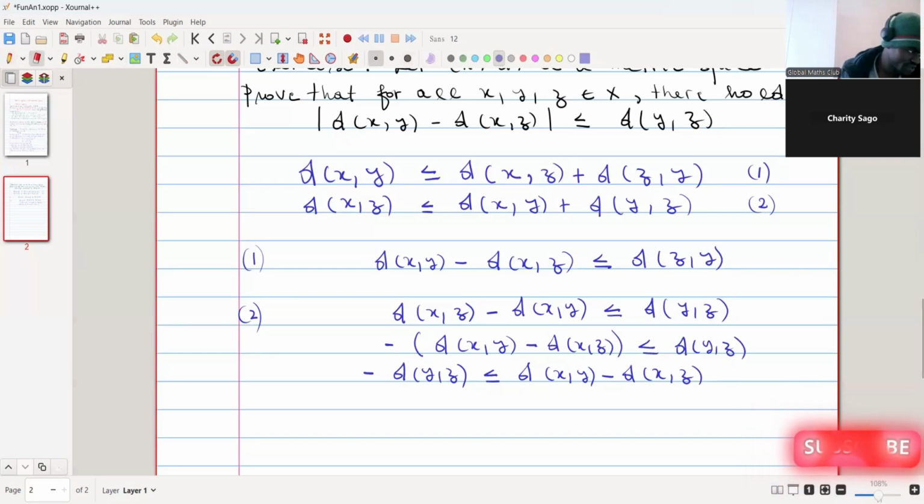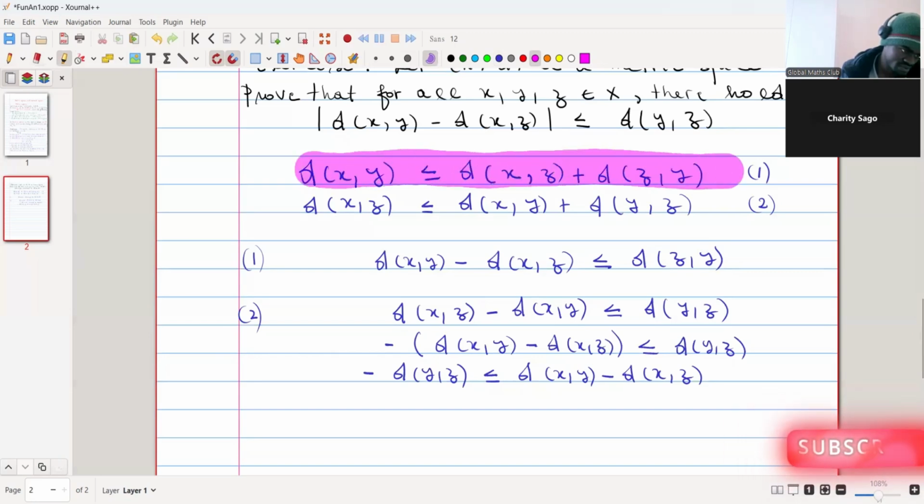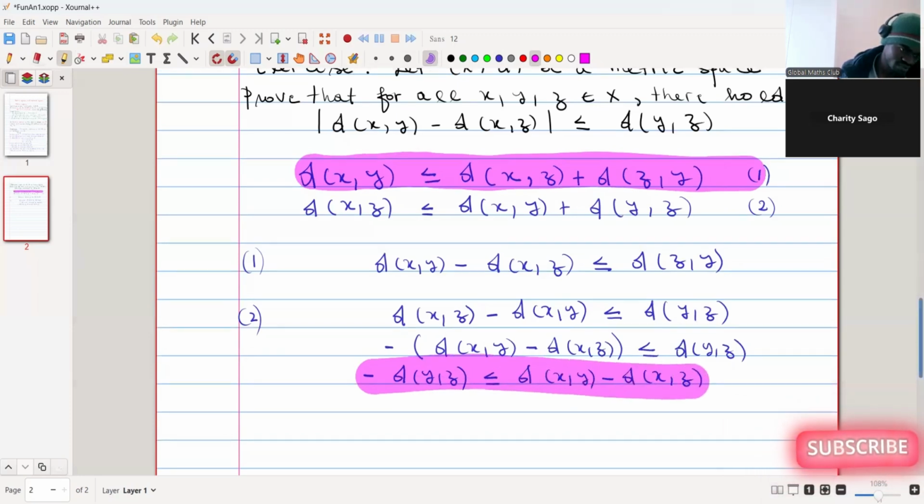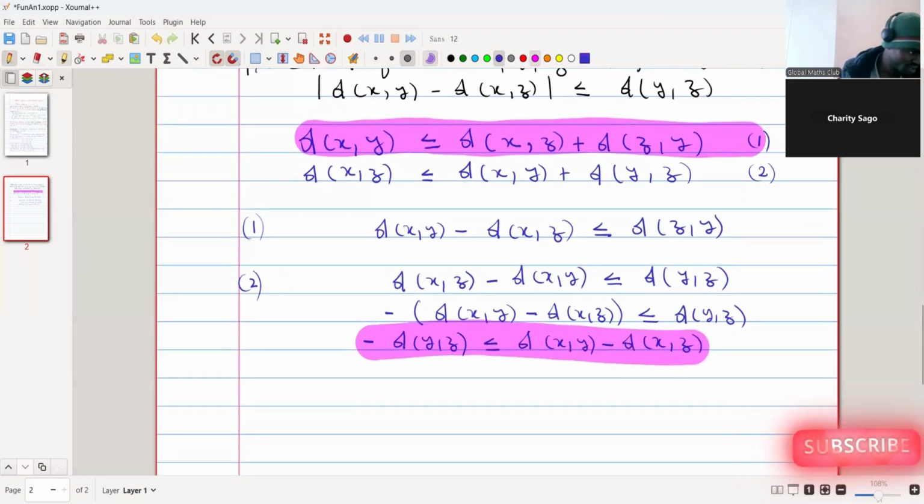So we are going to take this one and this one. If we take them together, we have minus d(y,z) less than d(x,y) minus d(x,z). And this is also less than what?